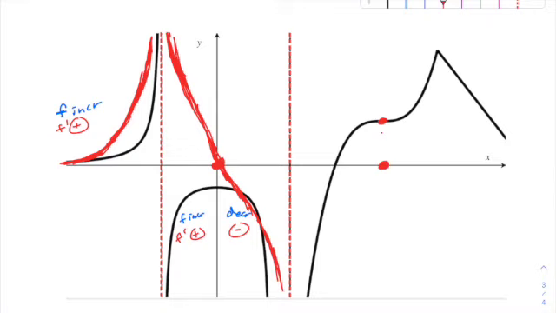Before that, f is increasing, so f prime should be positive. So my f prime should be above the x-axis, right? And at that spot, the slope is 0, so I'm going to hit 0. But after that, f prime is positive again, so I'm going to bounce right off the x-axis and stay positive.